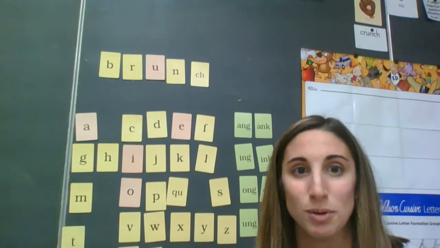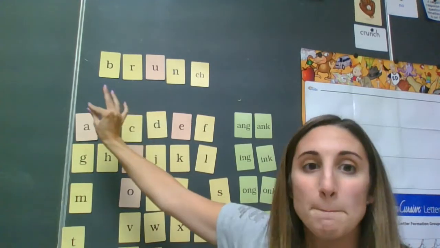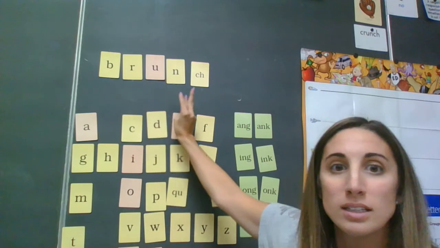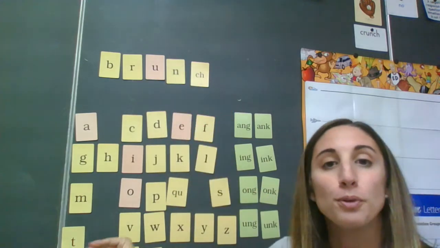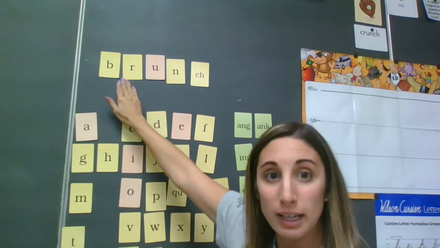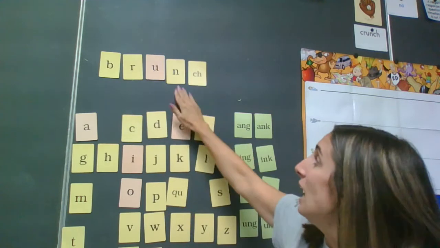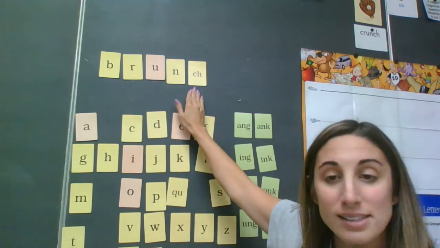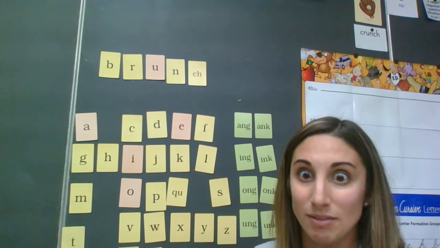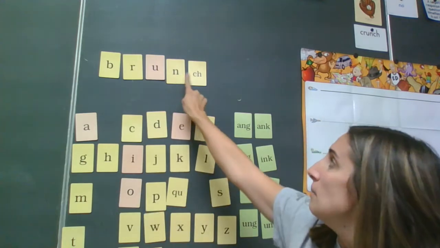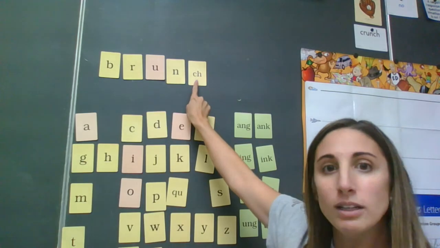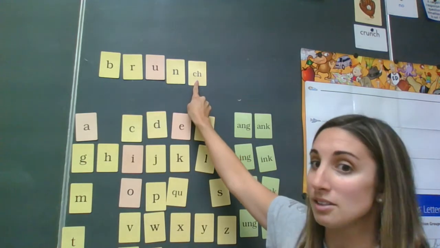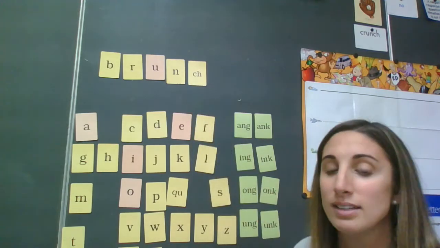Okay, here's our next word. Let's tap it. Go. Ch. Brunch. Right. We have a blend at the beginning. We have a digraph blend at the end. Now, remember from yesterday's lesson, very important. To make the ch sound, how did we know to use ch and not our trigraph tch?